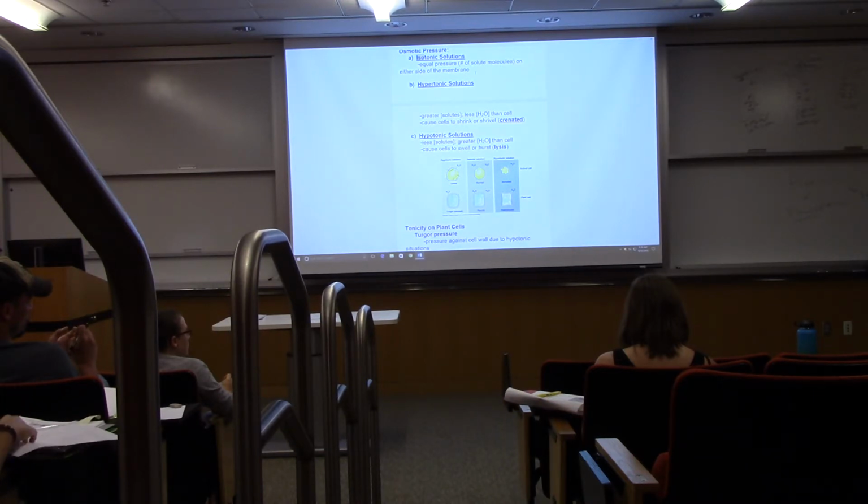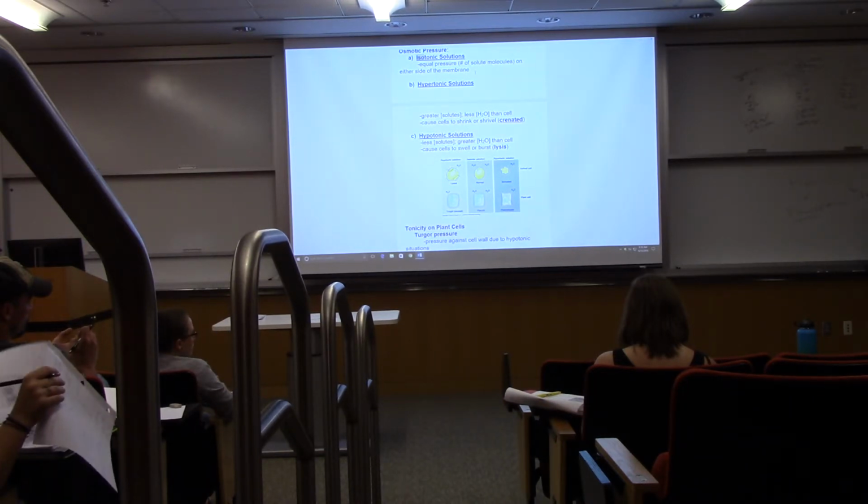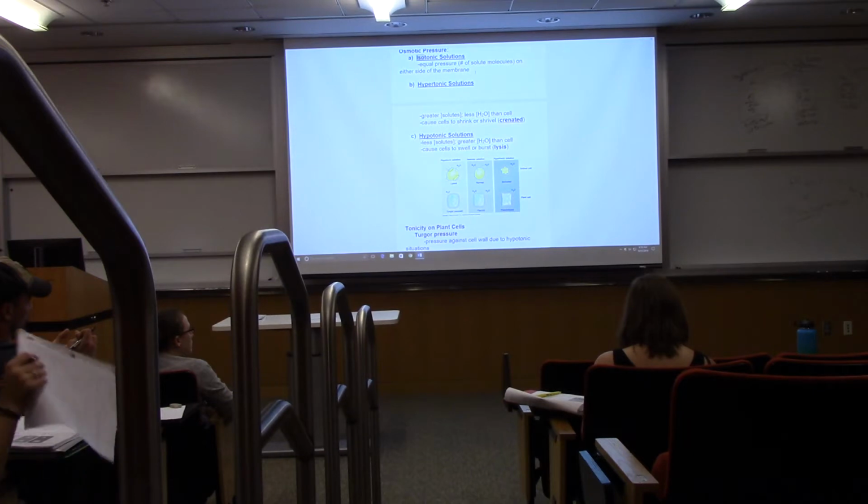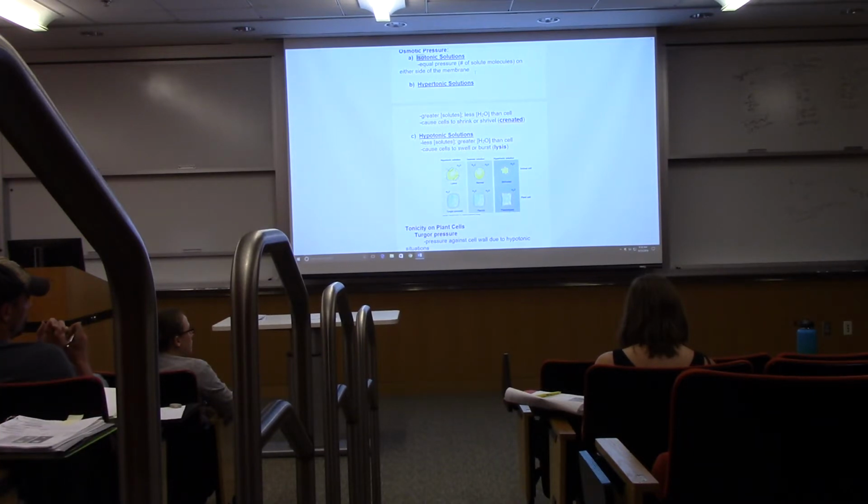If this cell has 98% water and 2% sucrose, and it was bathed in a 90% water solution with 10% sucrose, what type of tonicity would you expect to see? And you would say hypotonic or hypertonic. Hypertonic.